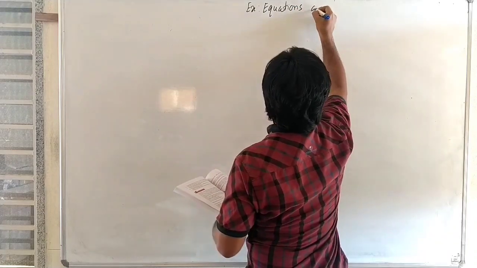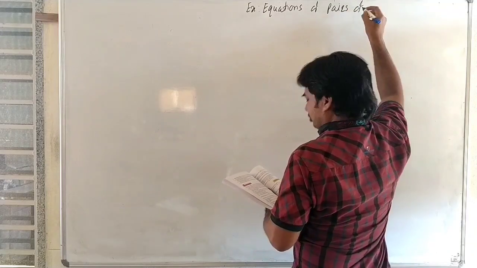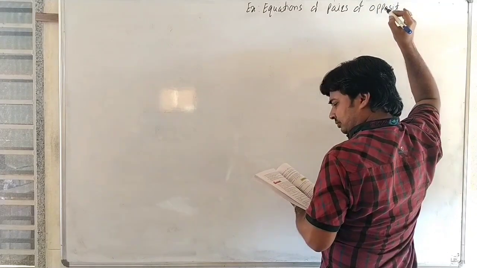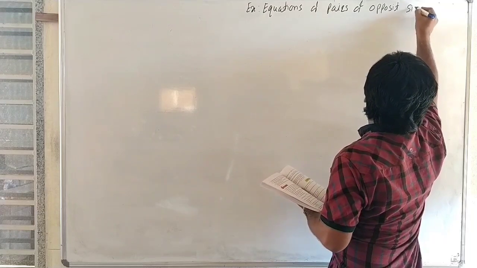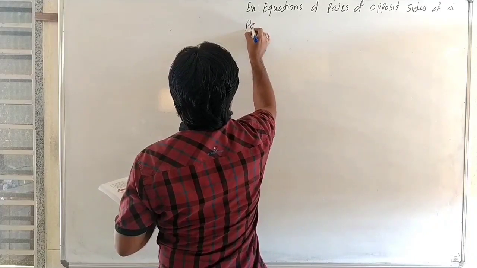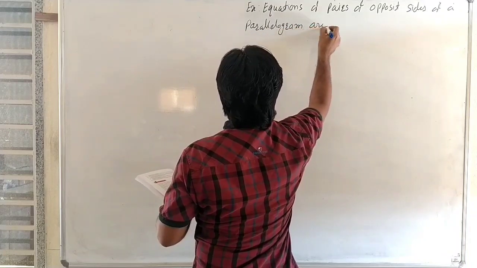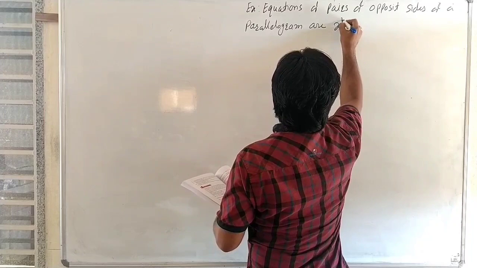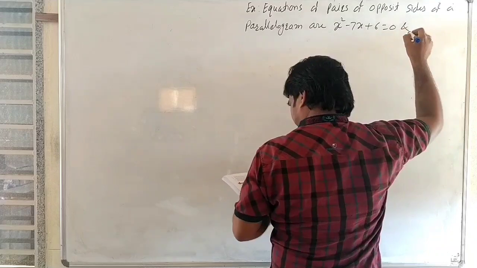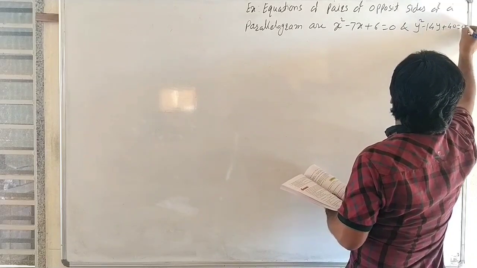Equations of pairs of opposite sides of a parallelogram are x square minus 7x plus 6 equal to 0 and y square minus 14y plus 40 equal to 0.